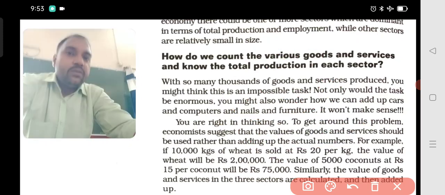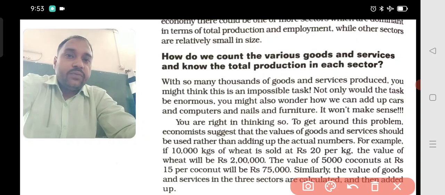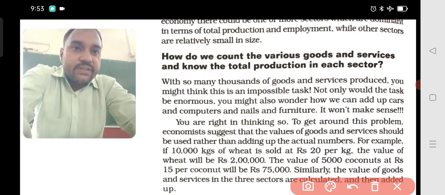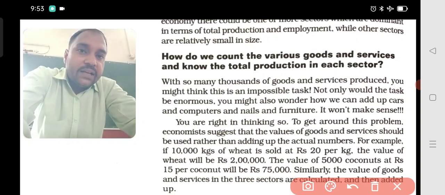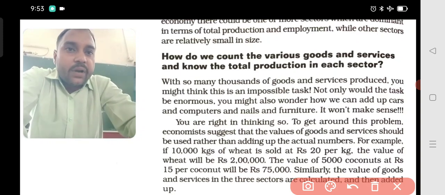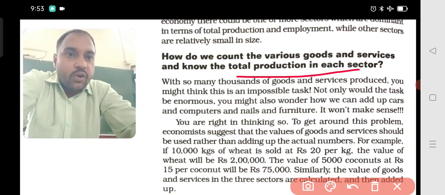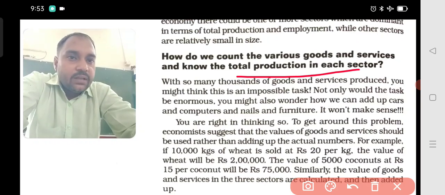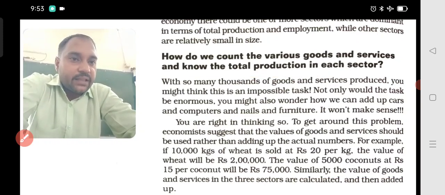So this is how we can take the value of goods and services while calculating the national income or while calculating the total product in each sector of the economy, and not the numbers. हमें वैल्यू लेनी होती है, नंबर्स क्वांटिटी मेजर हम नहीं करते.